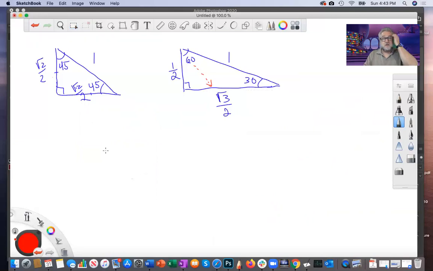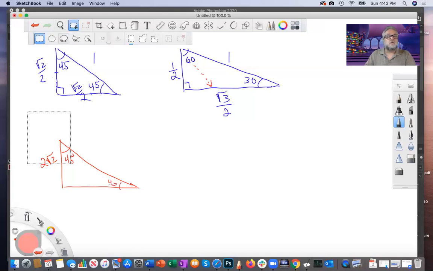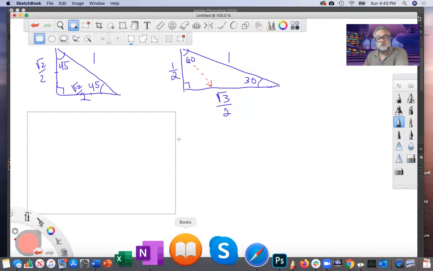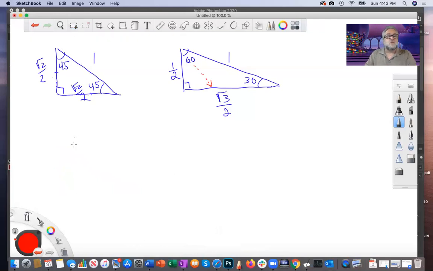Okay. If I have a triangle that says 2 radical 2, and these are 45 degrees. Now keep in mind, oh, let's not do that. Let's talk about similar triangles first. So I can have a triangle like this one, 45, 45, right triangle.